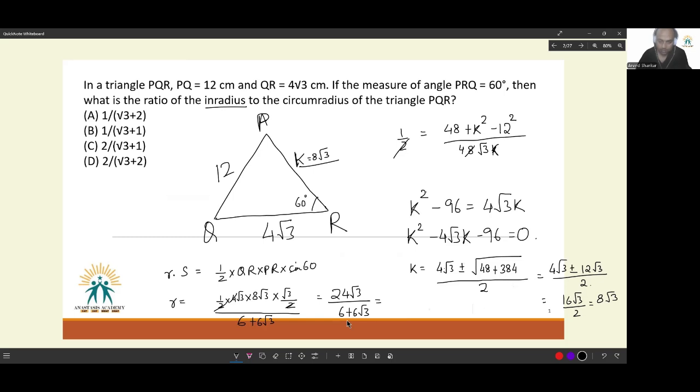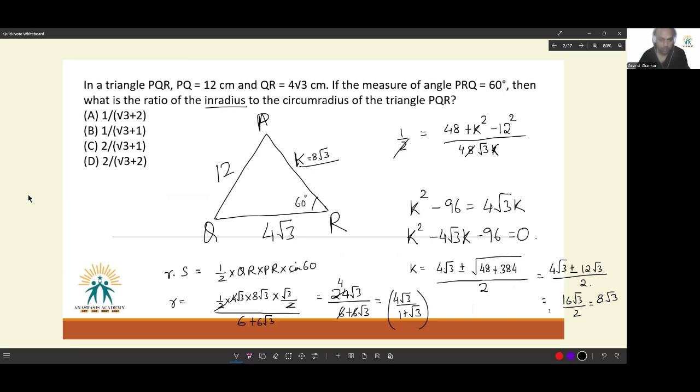I can cancel off the 6 and 6 with 4. So I get to 4 root 3 by 1 plus root 3. This is the inradius.